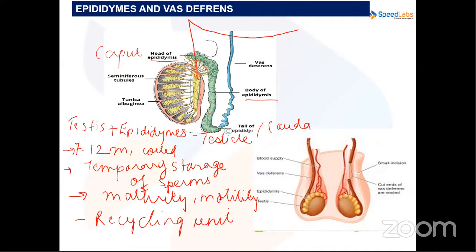It digests the sperms all the time as sperms are being produced. So the recycling center of the sperms is the epididymis. All the time phagocytosis takes place inside the epididymis.